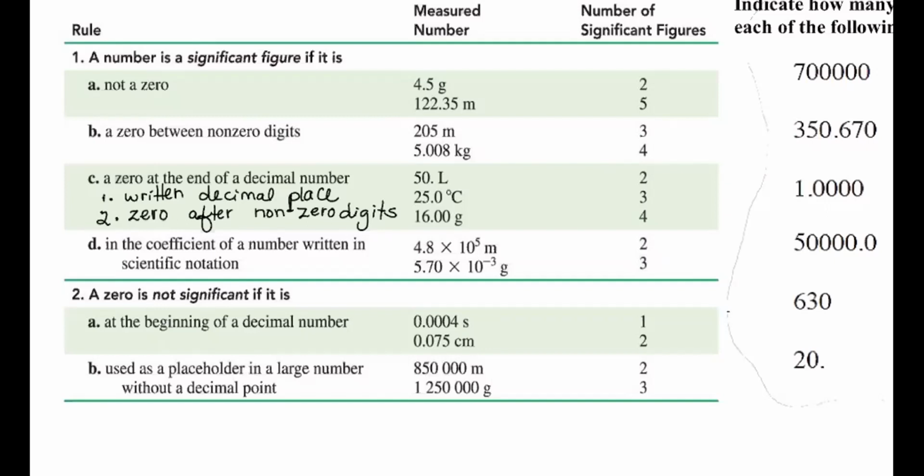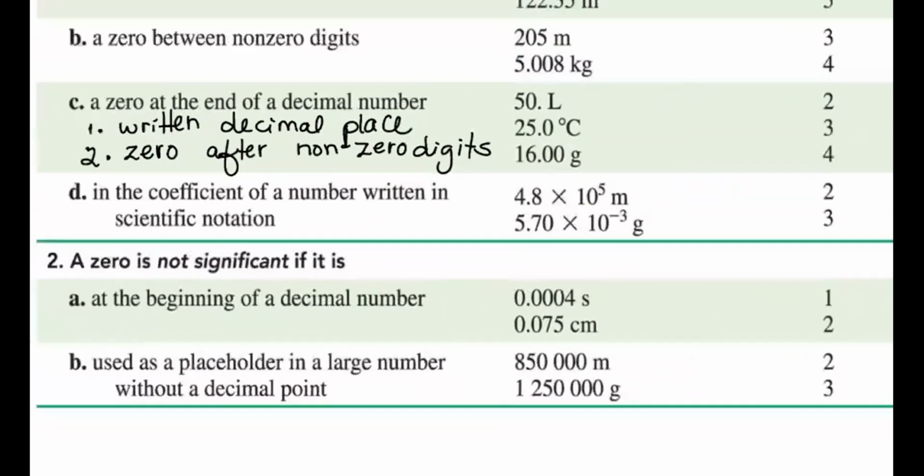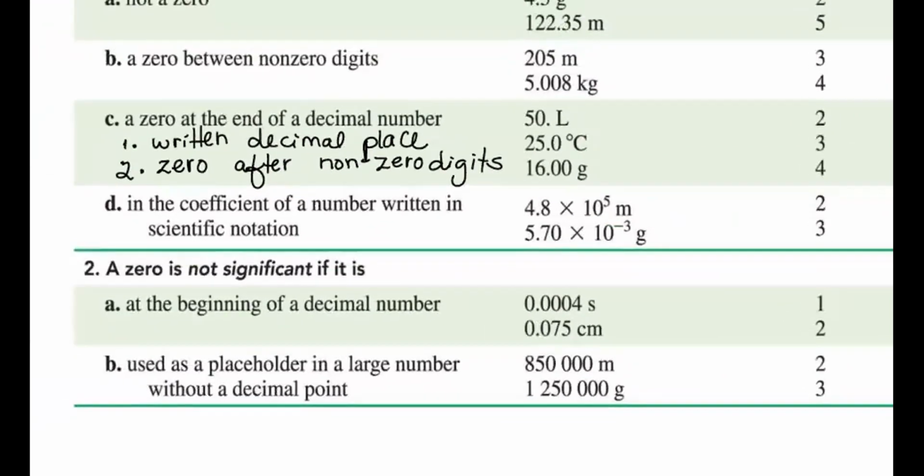0.0004, okay? Remember the two parameters in order for those zeros to be significant. When we look at these measurements, is the first parameter met? Written decimal place? Yes or no? Let's put it in the chat.